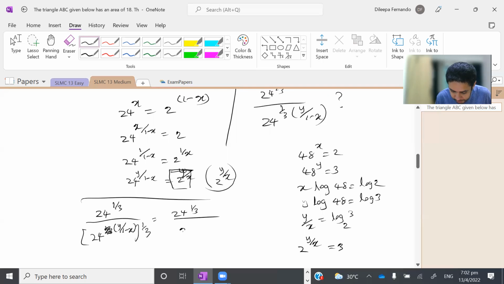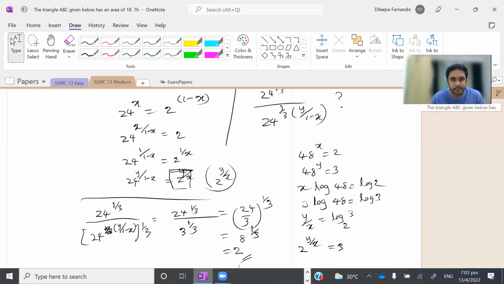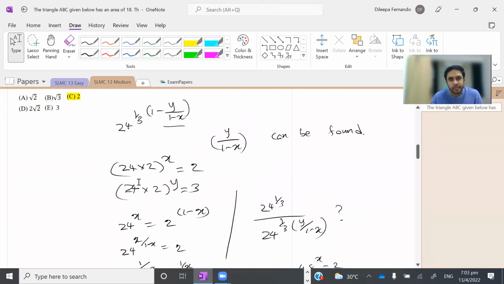This equals 24 divided by 3. Cube root of 8 equals 2. Answer is 2.